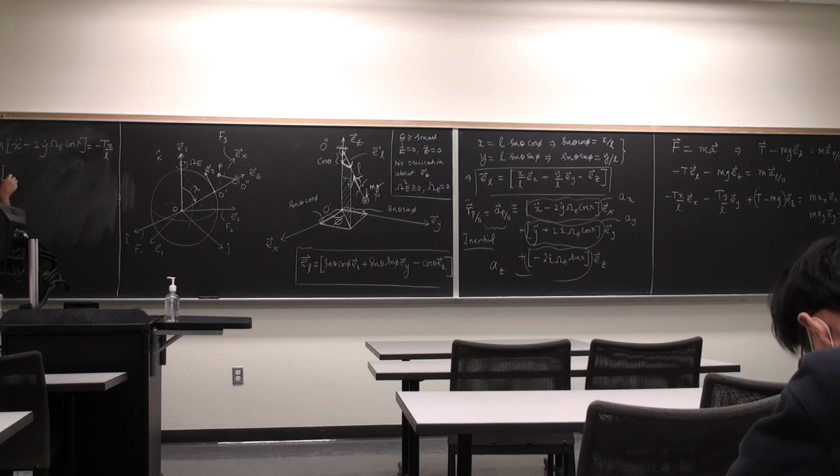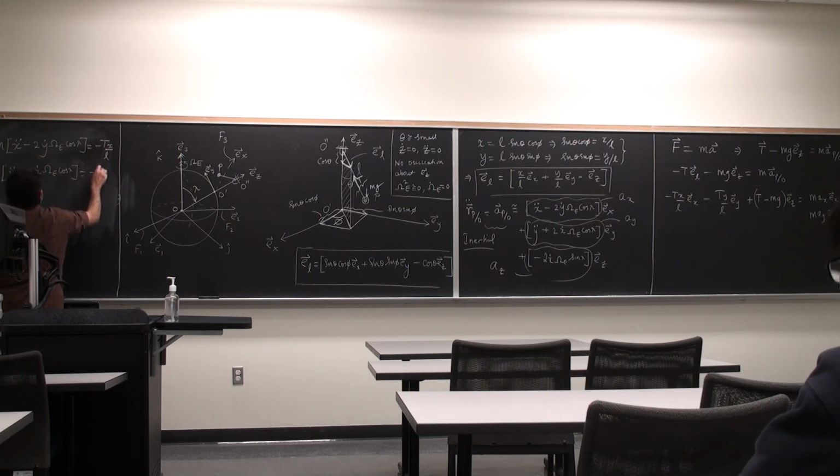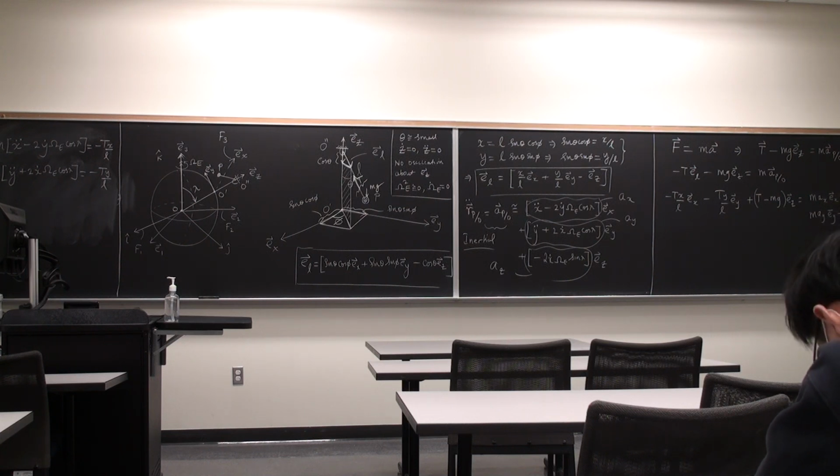Likewise, y double dot plus 2 x dot omega e cosine lambda is T y by L. Mass times az is 0, so m times 0 is T minus mg.